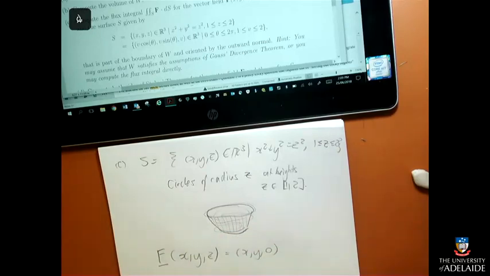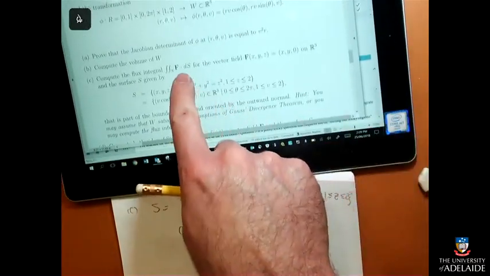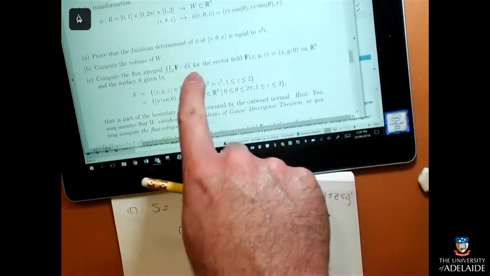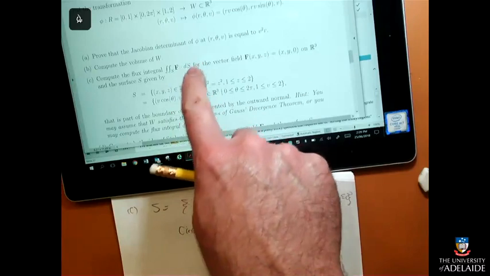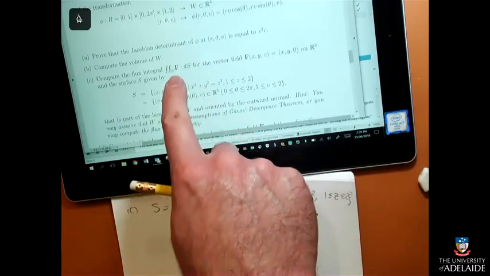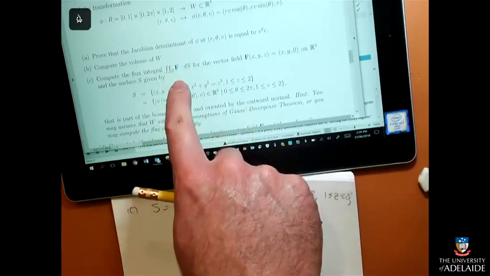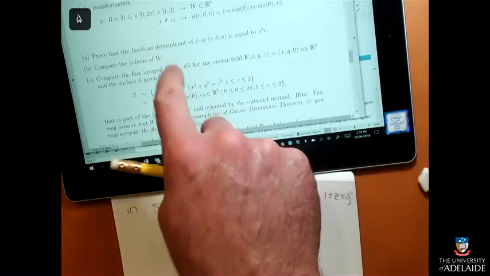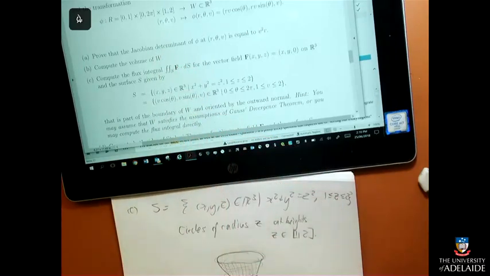Okay. So, it distresses me that your lecturer didn't write this dS here in bold, because we're dotting it with dS, which means that this has to be a vector, because F is a vector, so we can only integrate numbers, and so we have to dot it with another vector to get a number. Okay.